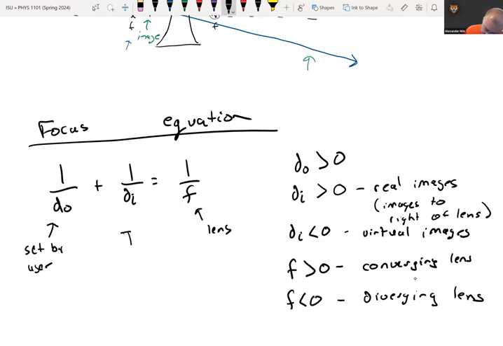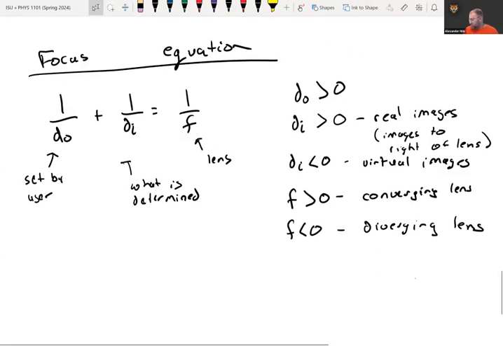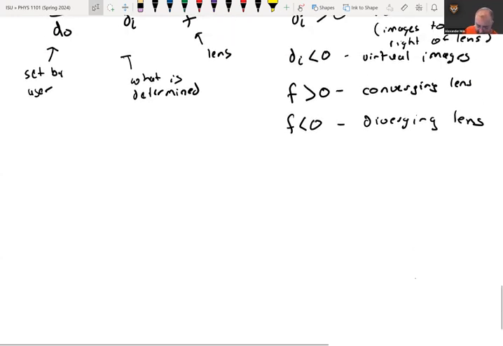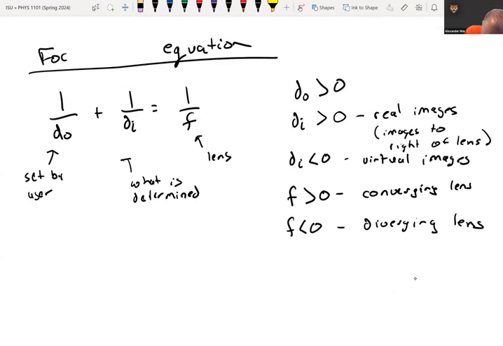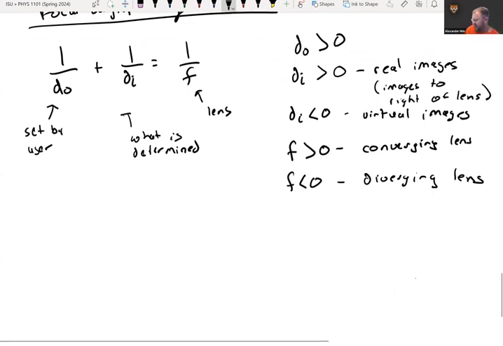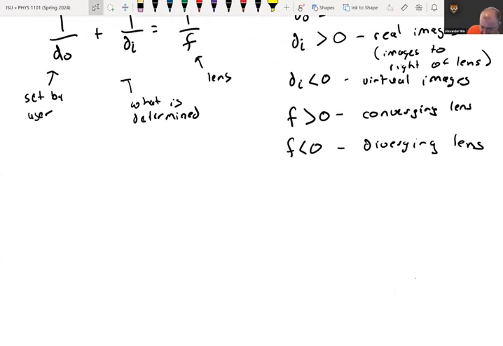And then this is generally what you determine. Again, this is not always true, but this focus equation, focal length equation, that's what I'll call it. I'm not going to go into the lens maker equation. I don't know that there's necessarily much point.